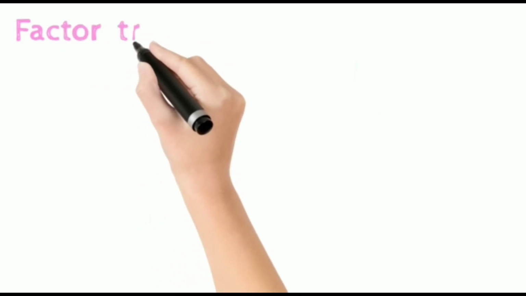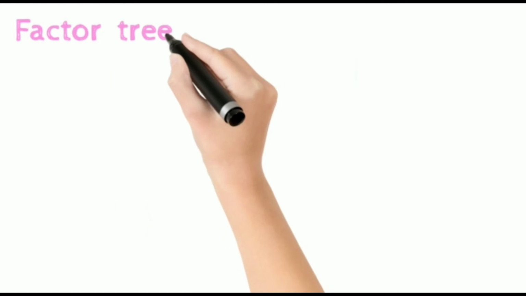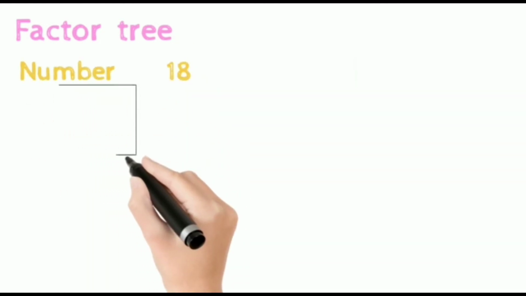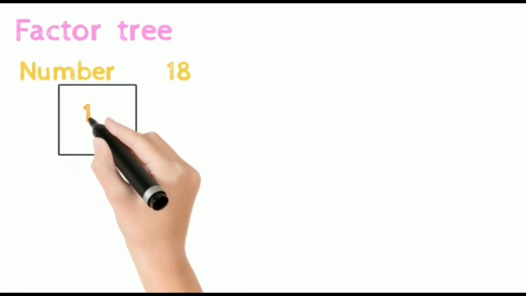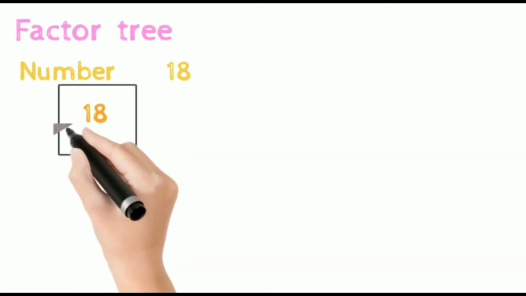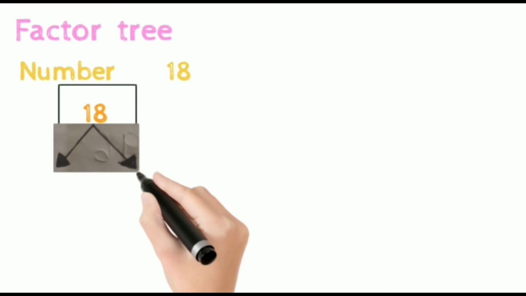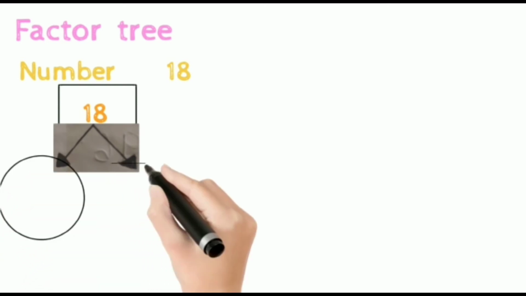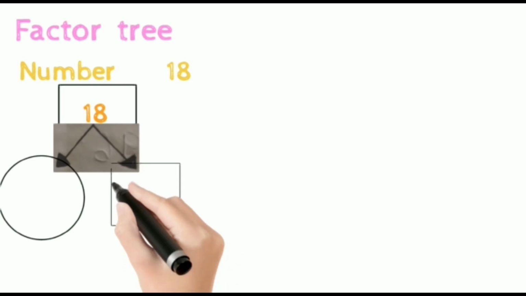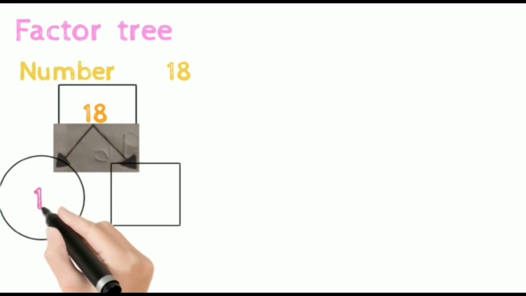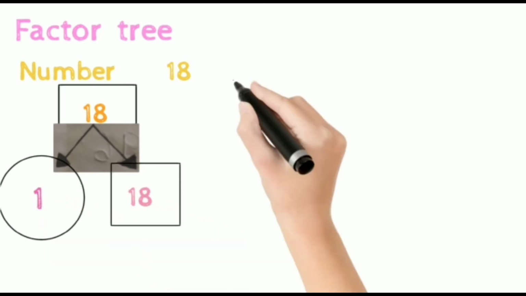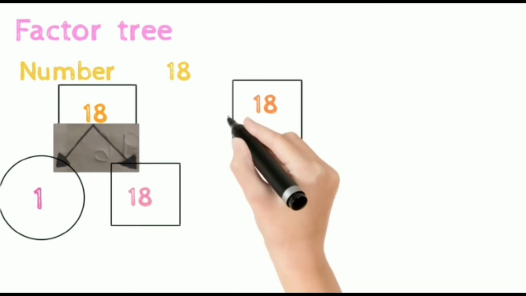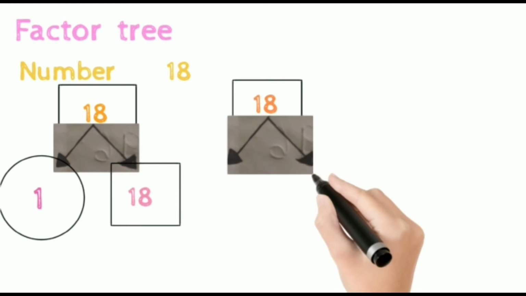Then we can make a factor tree from this number. We already found the factors of 18. How can we draw the factor tree? That is 18. We know the factors 1 and 18. Next, we will write 18 again. The factors are 2 and 9.